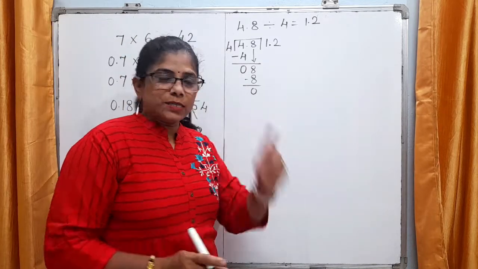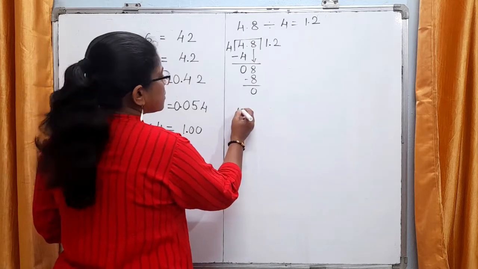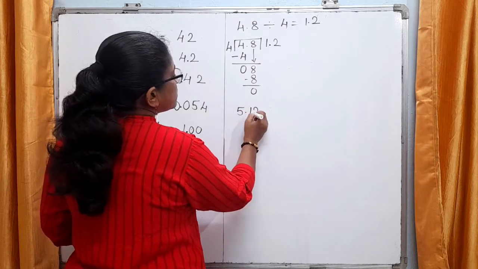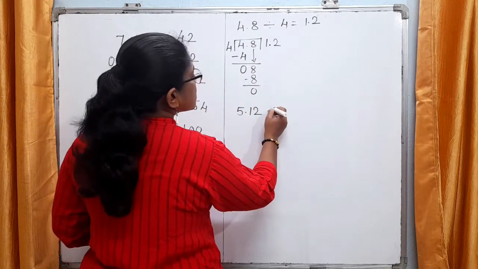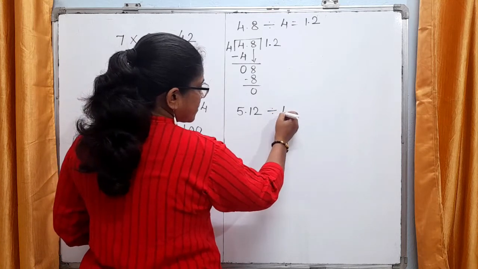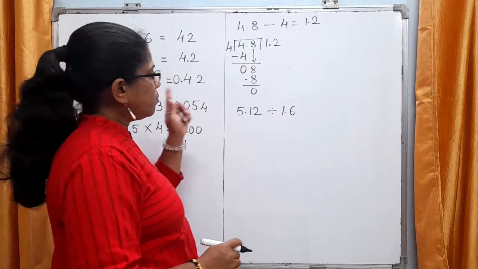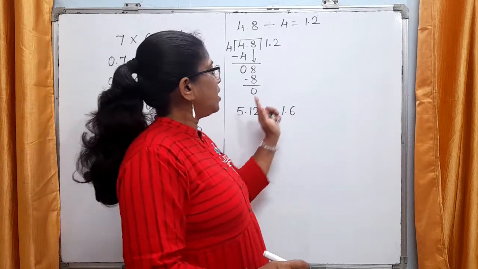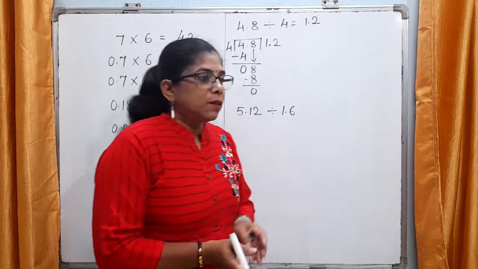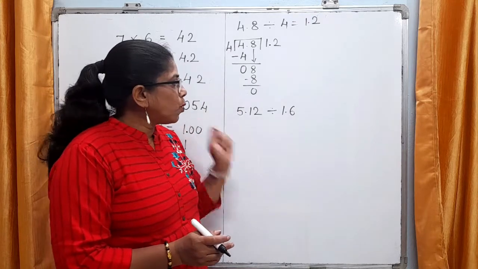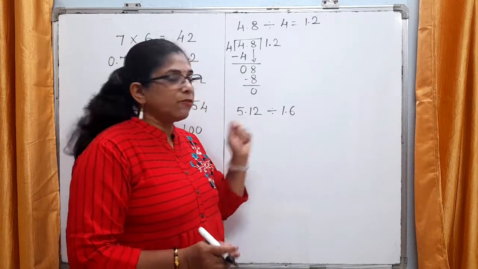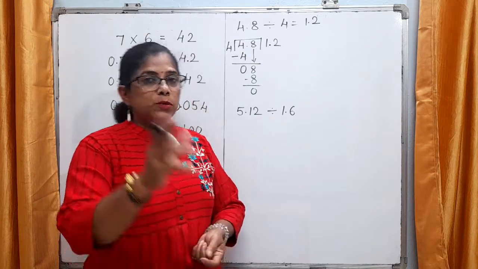Let's see one more example. 5.12 divided by 1.6. Now what is the rule? We don't want a decimal point in the divisor. We have to remove this.